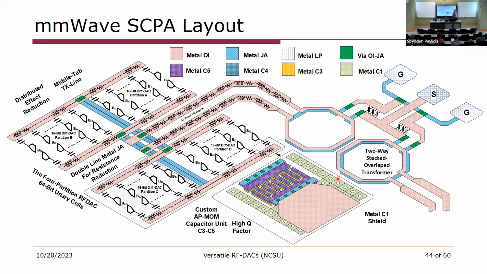This is the SCPA layout. Now, this is a millimeter wave circuit, and we had to consider transmission line-like effects. So when we originally did this, we had one linear array, and the wavelength of that linear array was on the order of lambda by 4, lambda by 6, something like that. And so you can imagine that we get voltage maxima and minima as we go across the cap array. And it's very difficult to make a linear amplifier when you have a transmission line effect causing these local voltage minima and maxima.